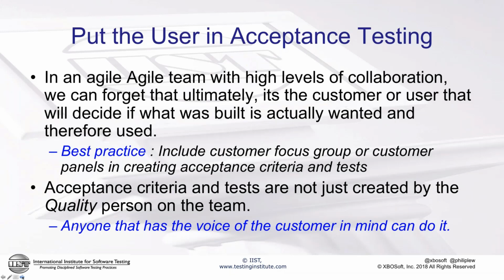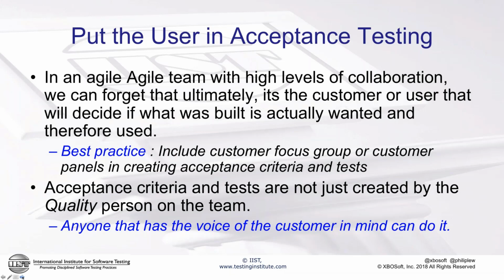So, we forget that in doing all of our talking and our co-location and so on, and having all these collaboration tools amongst ourselves, business analysts and so forth, that we forget that it's really the user, the end user, the customer, that is going to be using our software and will decide if what we built is the right thing.